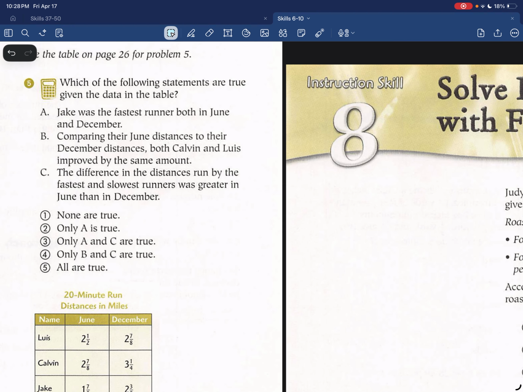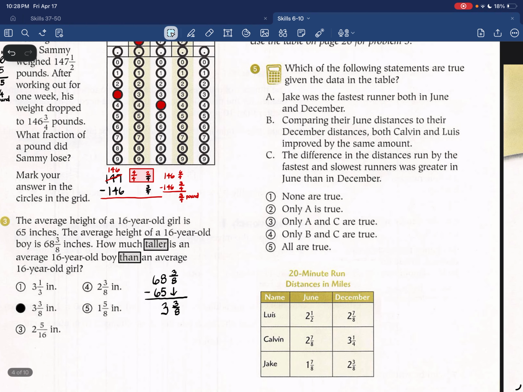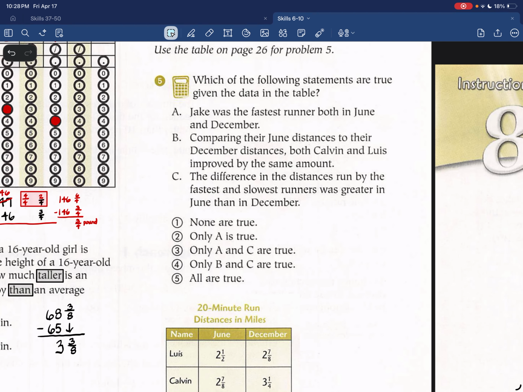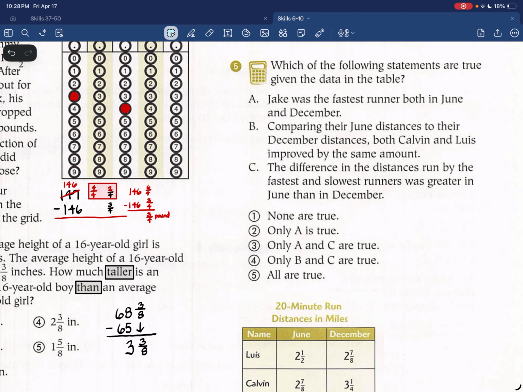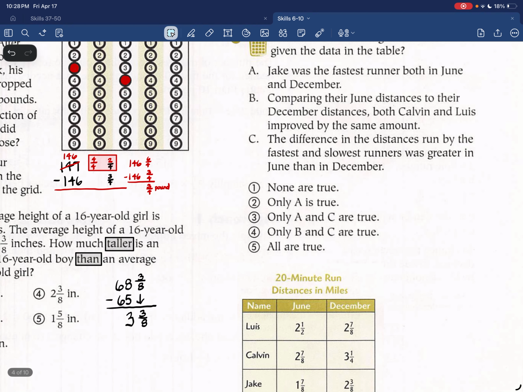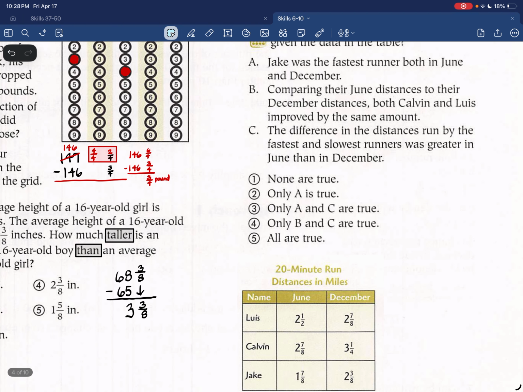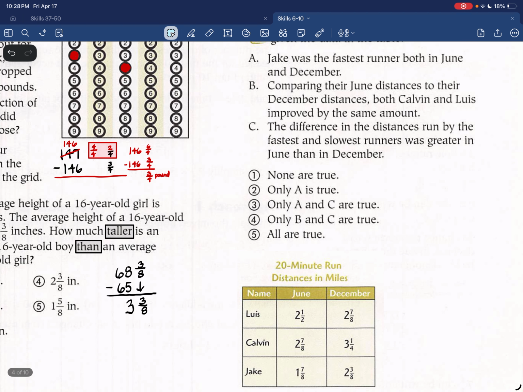All right, which of the following statements are true given the data in the table? A, Jake was the fastest runner both in June and December. Well, if he ran for 20 minutes in June, he did not get the furthest.